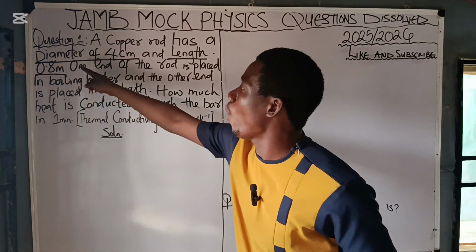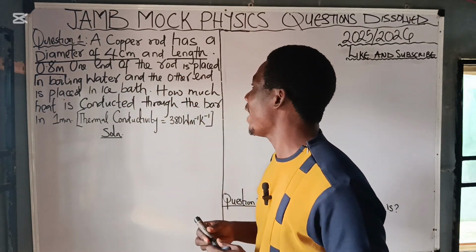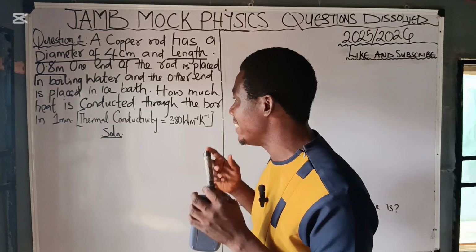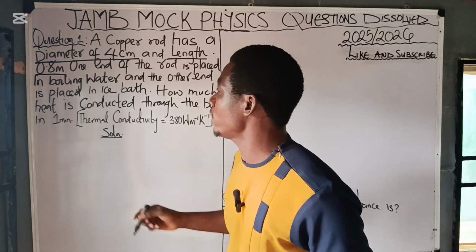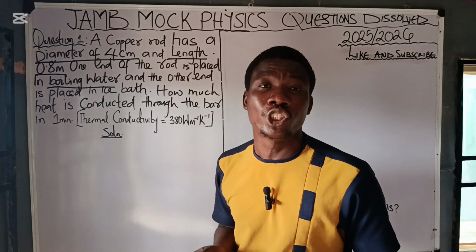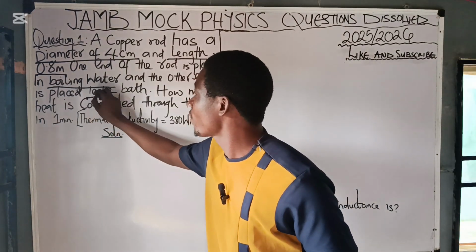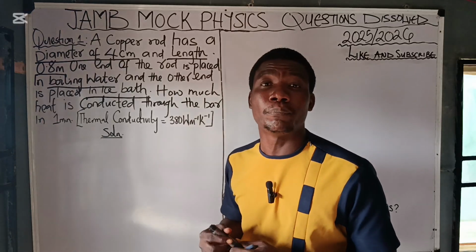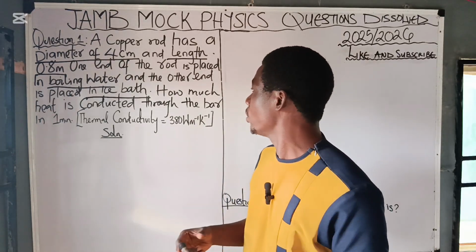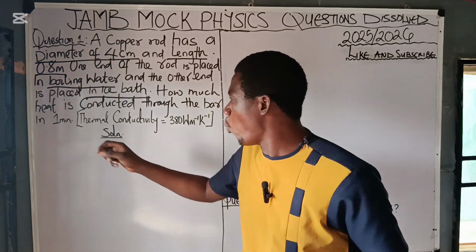They now said that one end of the rod is placed in boiling water and the other end is placed in an ice bath. So the first end was placed in boiling water, which has a temperature of 100 degrees Celsius, and the other part was placed in an ice bath, which has a temperature of 0 degrees Celsius. How much heat is conducted through the bar in 1 minute?